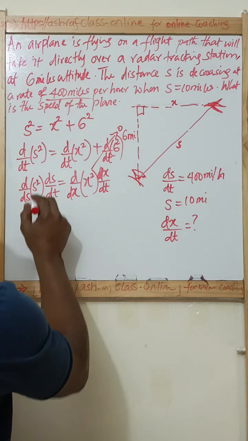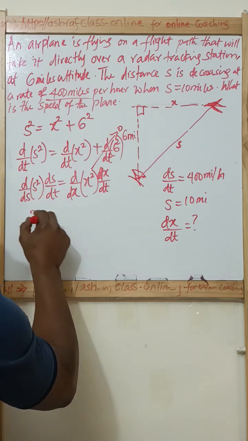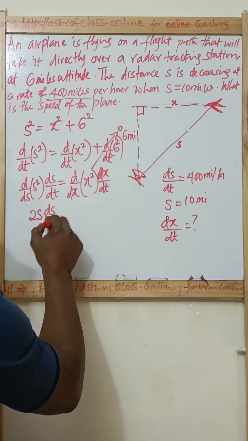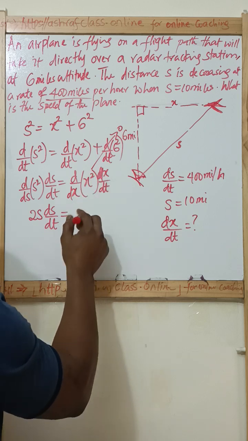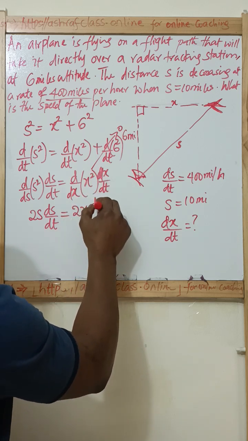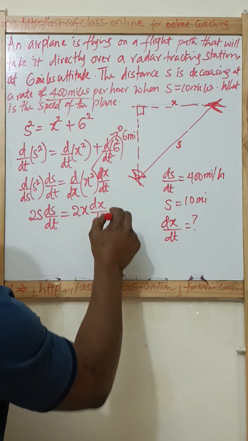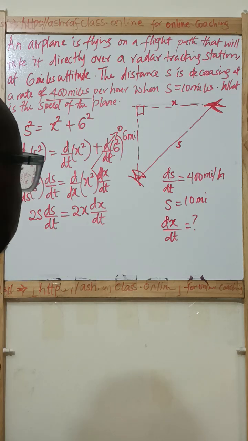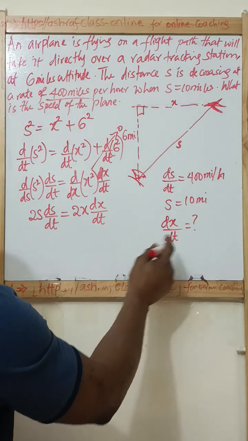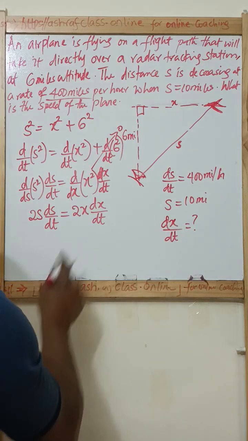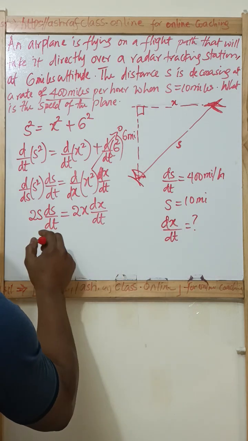So from here, d/ds of s squared will be 2s ds/dt, and the differential of this is going to be 2x dx/dt. Okay, so what are we looking for? We are looking for this. So what is dx/dt from here?